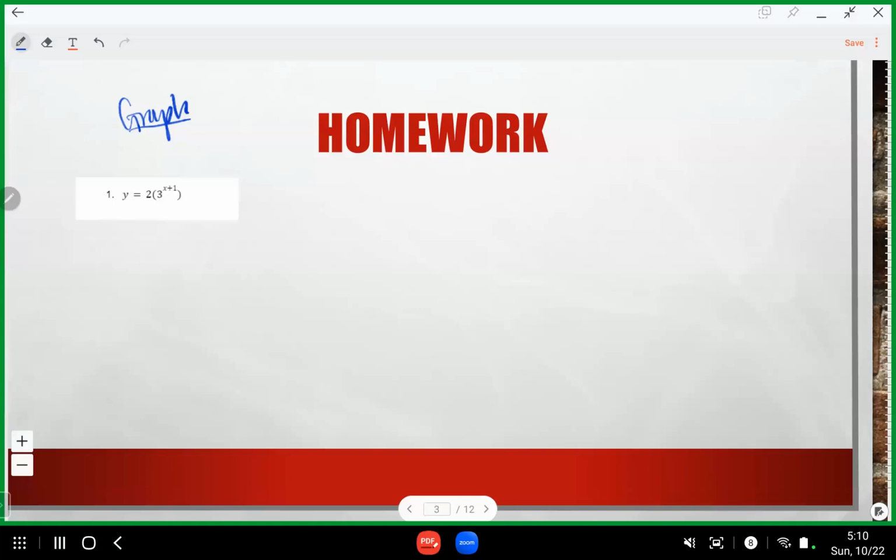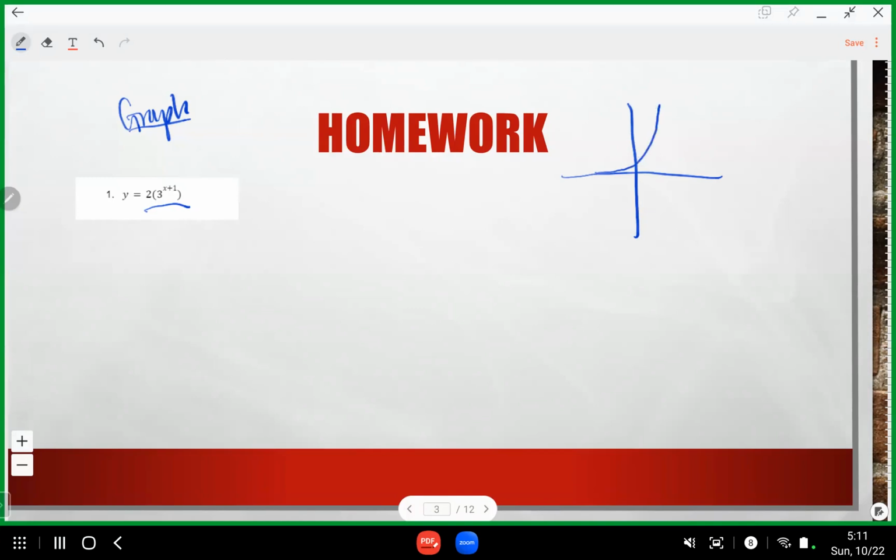So what type of equation is this? Is this exponential or logarithmic? Exponential. Right. So what does that look like? It looks something like this, right? And it passes through which point?